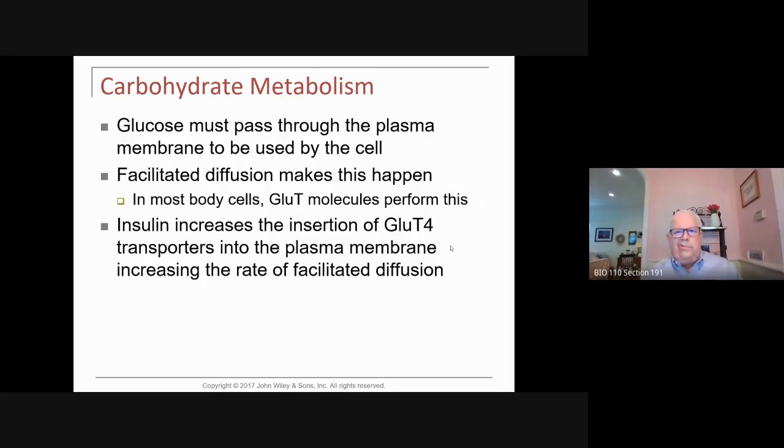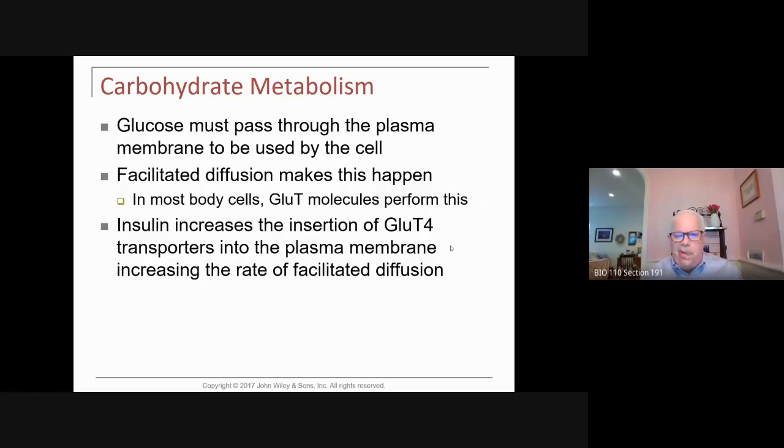Glucose passes through the plasma membrane to be used by cells. The only way glucose can get into the cells is by facilitated diffusion. It needs a carrier, and the carrier of glucose into the cell is insulin. And you'll learn a lot more about insulin when we talk about the endocrine system. But the important point here is that facilitated diffusion brings glucose into the cell.